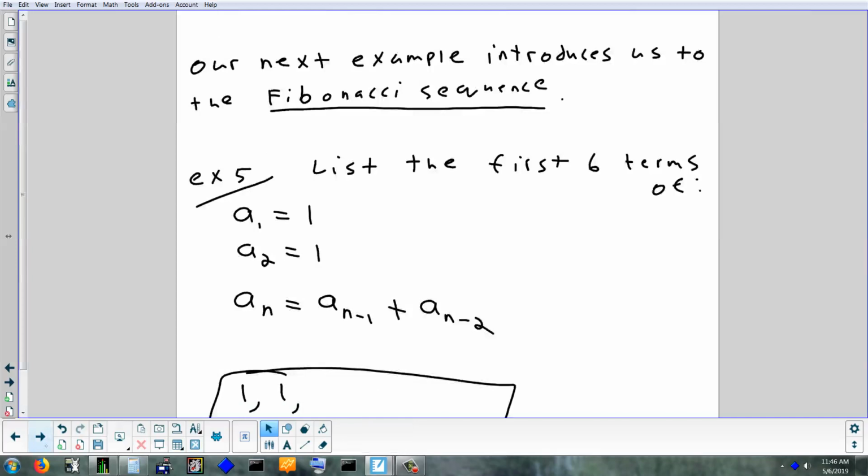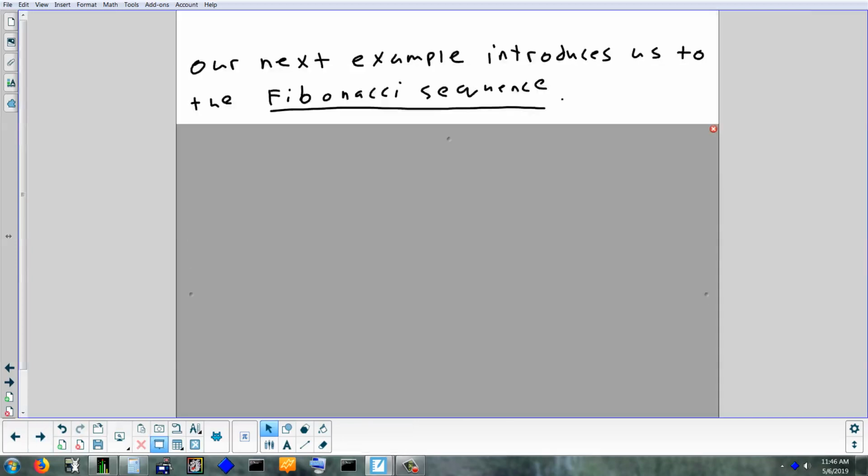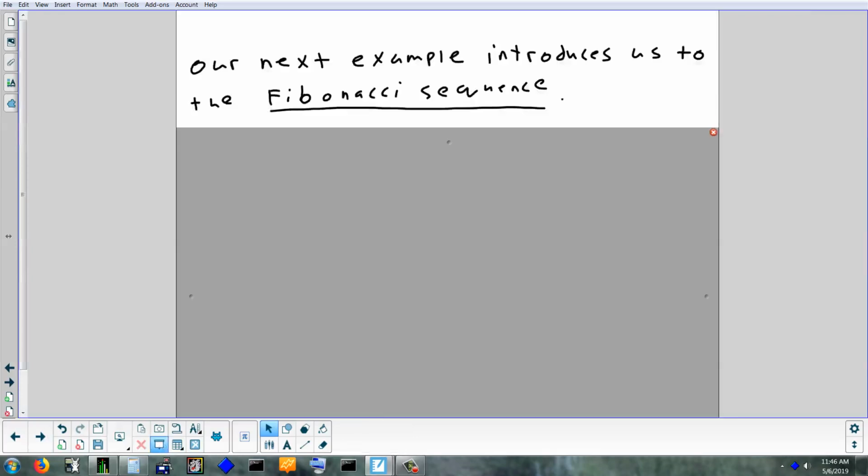So let's look at this pattern. This is a very famous recursive sequence. Most people, if you say the name Fibonacci Sequence, they've heard the name. Maybe they don't know exactly what it is, but they've heard of it.